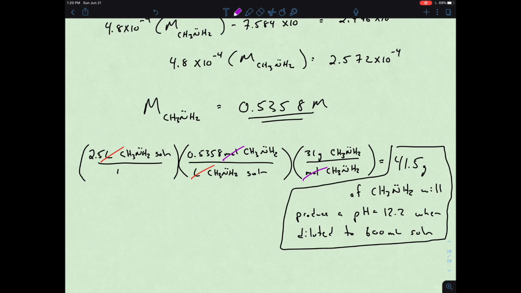And then we've also done a base example here at the end, now looking at an initial set of conditions. So a lot of good examples here are talking about and reinforcing the methodology for solving calculations involving strong acids or bases, as well as weak acids or weak bases.